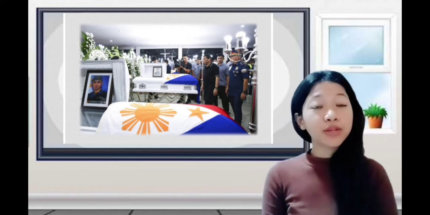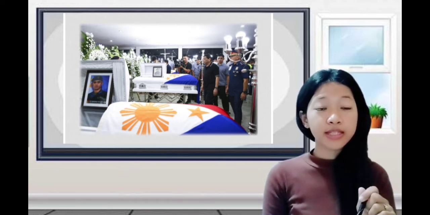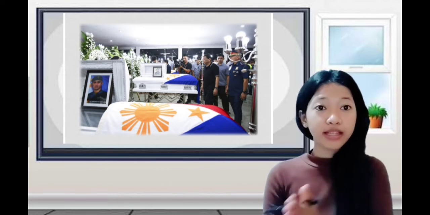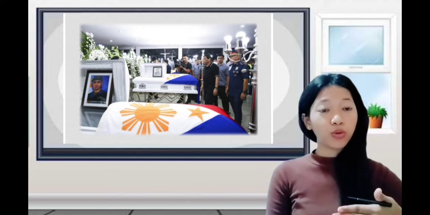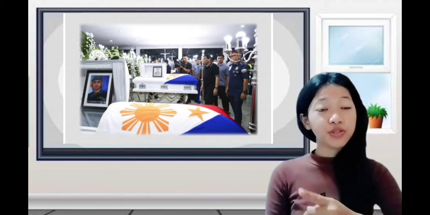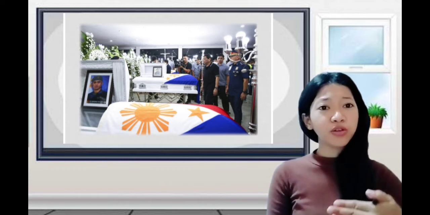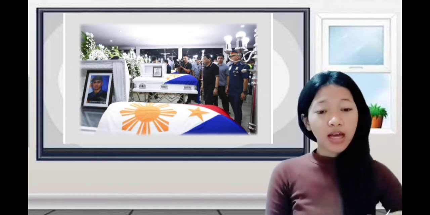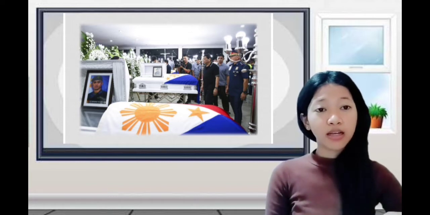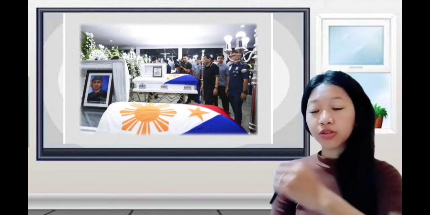So, ang pagbutang sa flag dito sa casket is ang white triangle nga naay 3 stars and sun is sa head na siya. And sa right side na cover is ang katong blue as natanaw ninyo sa picture. Ang right side kay blue. Nganong ang blue kay anong right side man jud na ang blue? It's because ang blue mao na siya ang sign of peace. And ang gi-base nato is right to left.